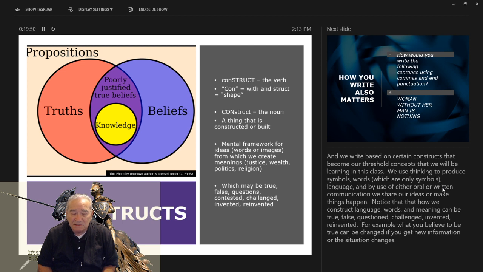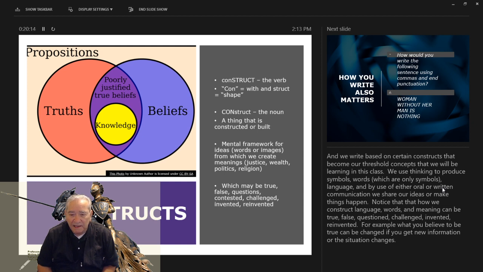All symbols, that means all writing and all our communication besides our oral, all of our communication must be preceded by our thinking. And what we're doing is, when we're writing or communicating orally in other ways, we are sharing our thinking.